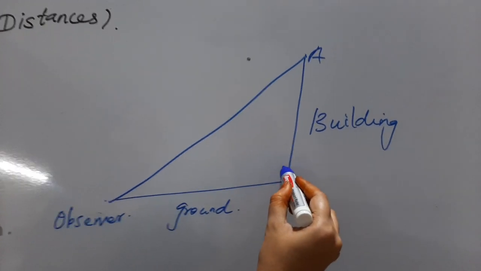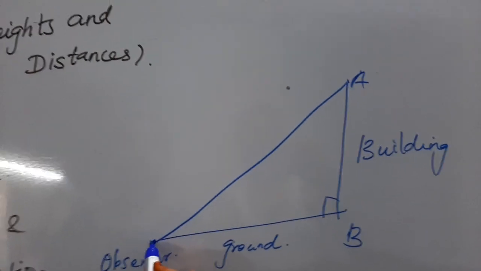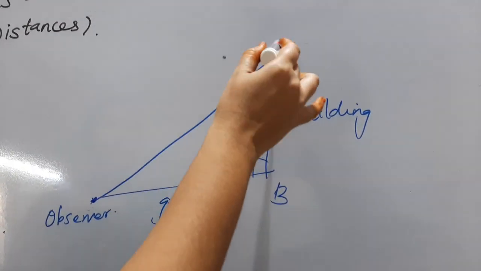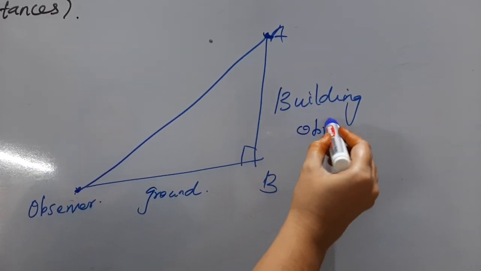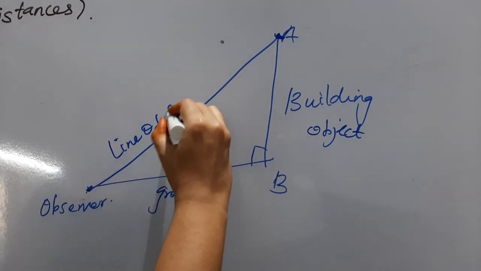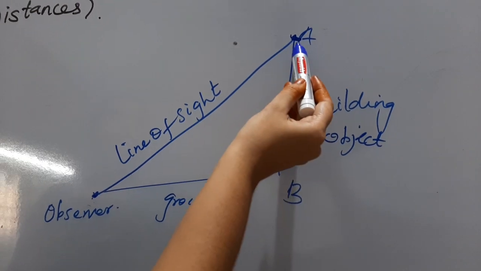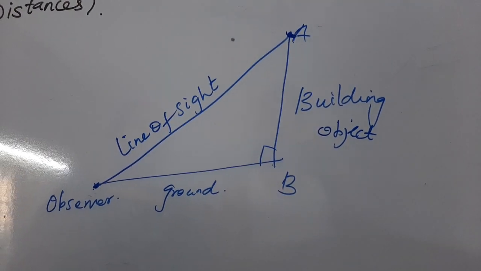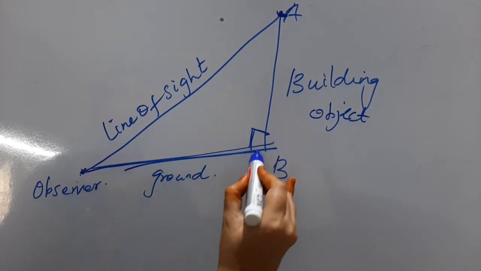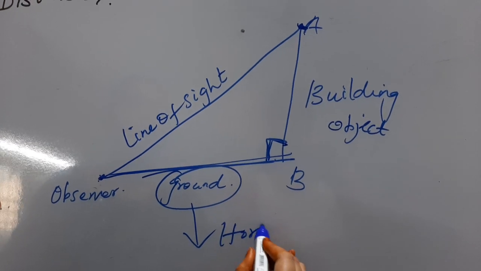The building is standing erect so that it makes 90 degrees, and the observer is standing here. From the eye of the observer to a position on the object, if you draw a line, that line is the line of sight, and the plane that the object is touching, a horizontal plane making 90 degrees, is your horizontal level.